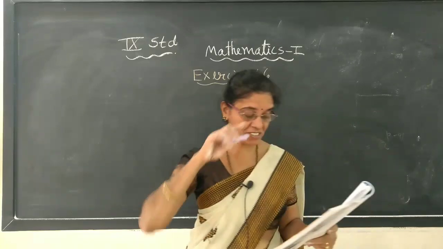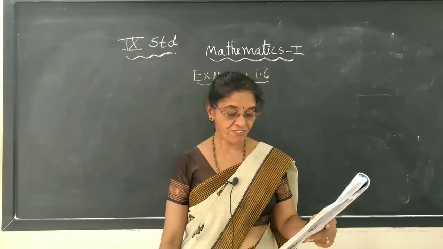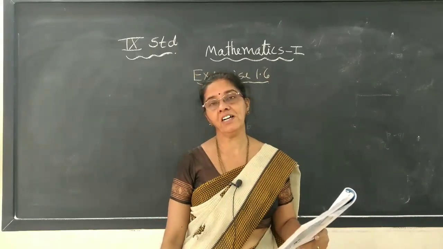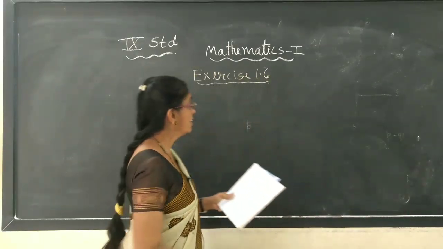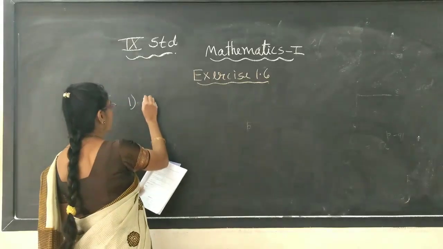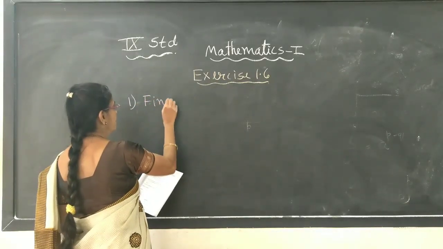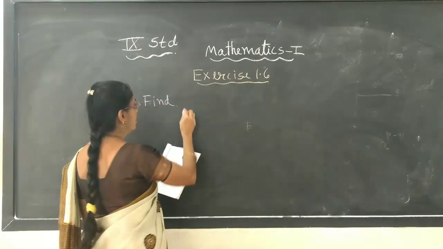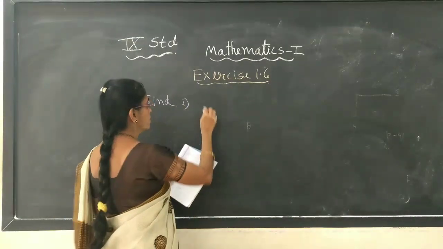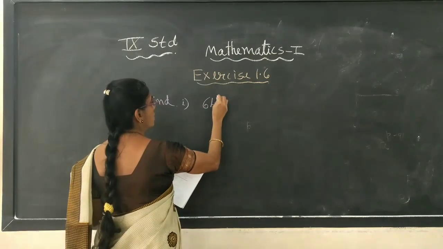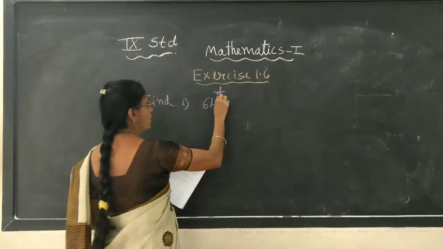Now see exercise 1.6: find, meaning you have to find a value. So find, the first main problem, the first one: 64 to the power of 1 by 2, half.